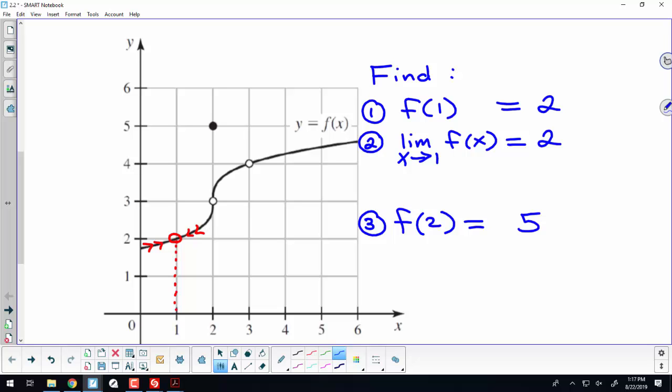No, that point has been deleted. But there is a solid point here at x equals 2, and that value is 5. So it is 5.